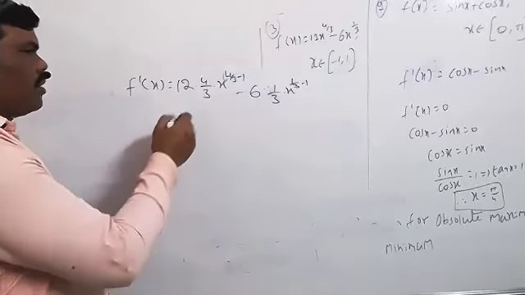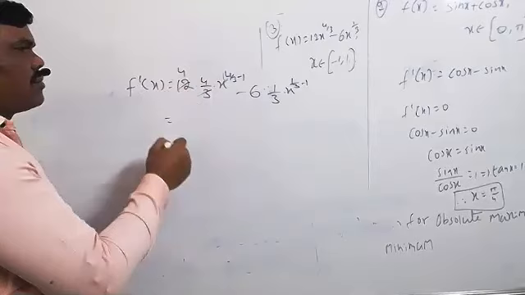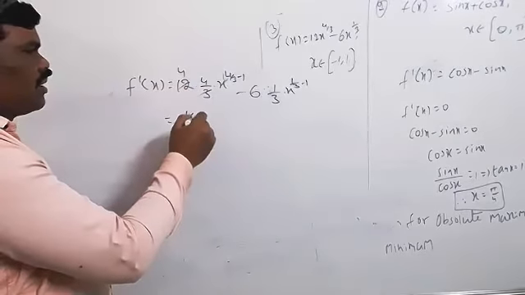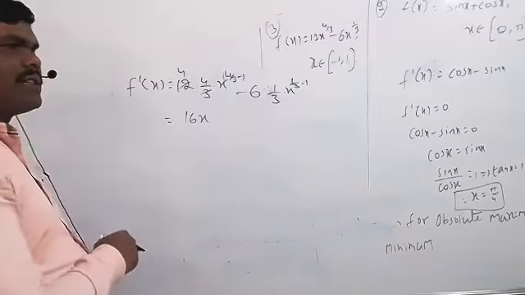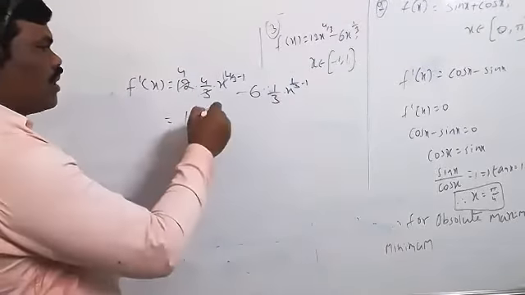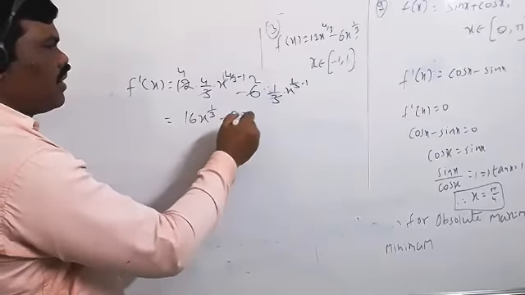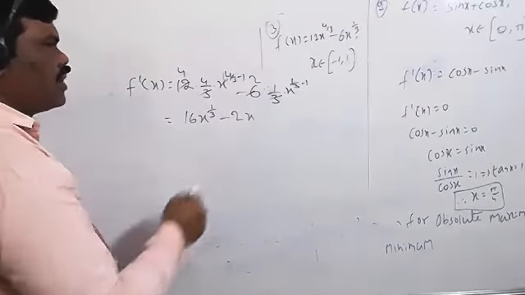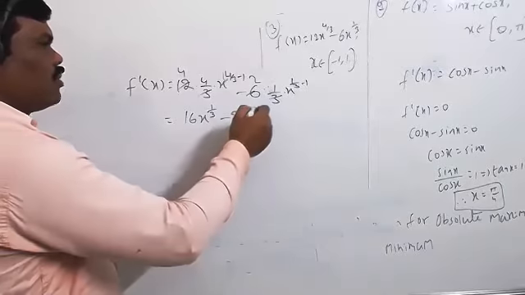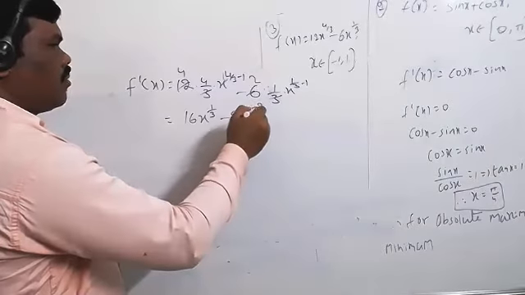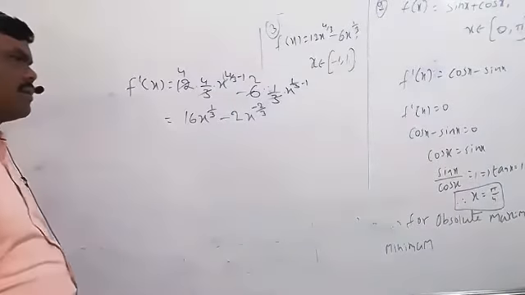Okay. So 3 in this, 4 times, and 4 fours are 16. 16 into x power 4 by 3 minus 1 equal to 1 by 3. And minus 2 times here, this is 2 into x power, but this is a negative value, minus 2 by 3.